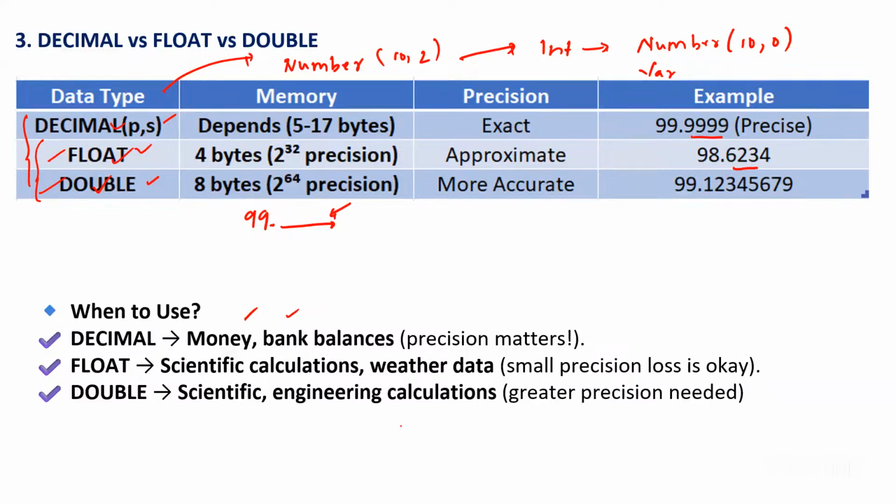Where greater precision is required, usually double is used. But again, it depends on the data warehouse, the lake house, the database. We'll see all these things in future classes. According to the requirement, it will store in the backend based on the algorithm they have created.